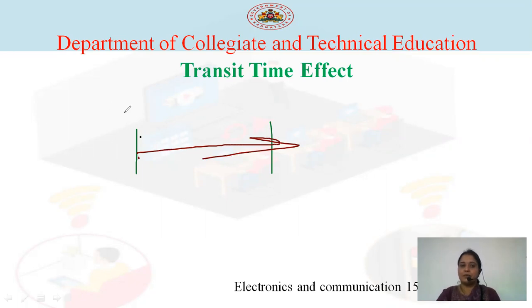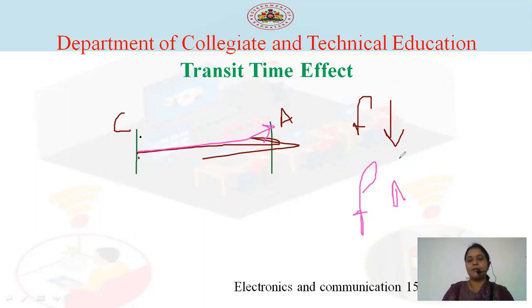from the cathode to the anode. At the lower frequencies, within no time they will reach; they take a very short time to go from cathode to anode. But at the higher frequency, what will happen?